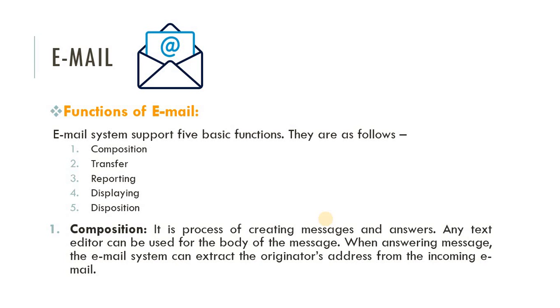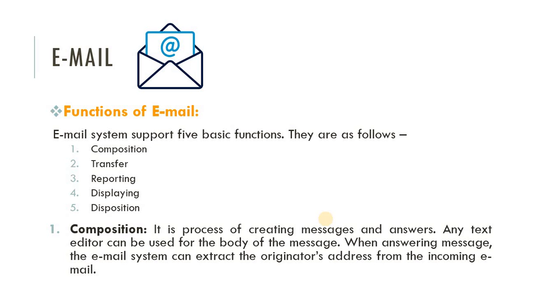The only things that we have to fill in are the recipient's address, the body, and the subject. So composing the mail means we are creating a new mail. That is the first function. Here we are just creating our mail.